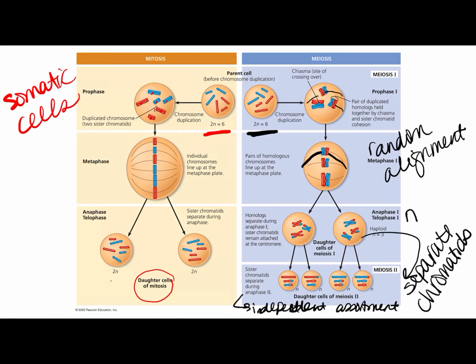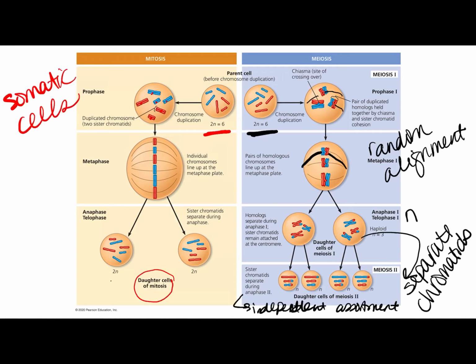Now, I said earlier that the parent cell in meiosis always has to be diploid. Well, why is that? Remember a few lectures ago, I'm not sure how many, 2 or 3, I told you that another name for meiosis was reduction division.